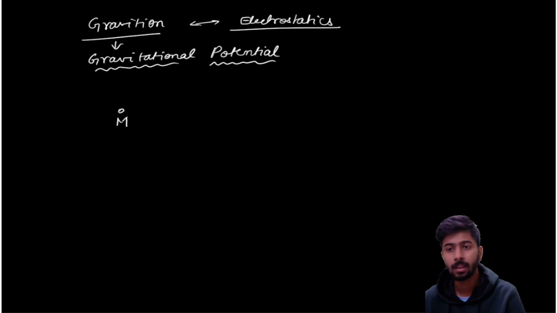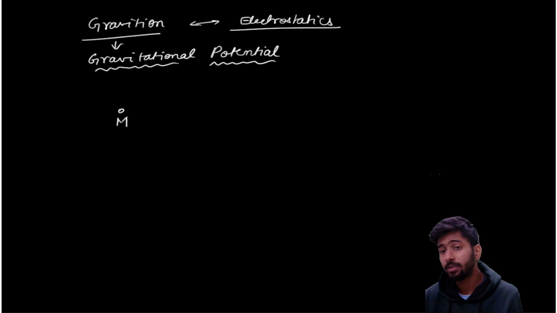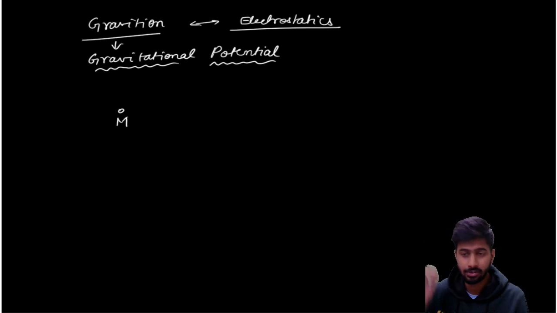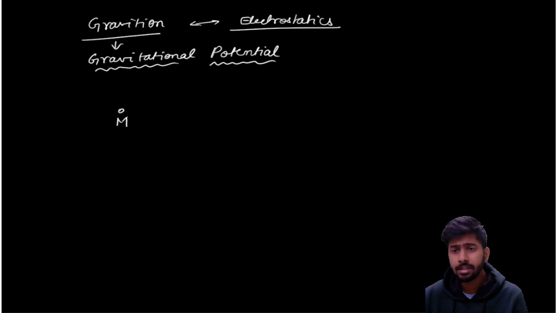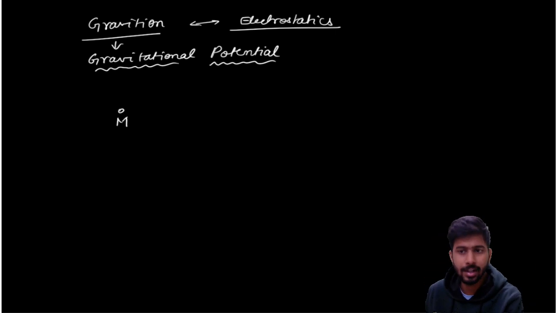All right, this mass will have sort of a gravitational field around it. The strength of the gravitational field at a distance r can be calculated by using Newton's law of gravitation, right? So whatever it is, it has a gravitational field around it. This field is conservative in nature.